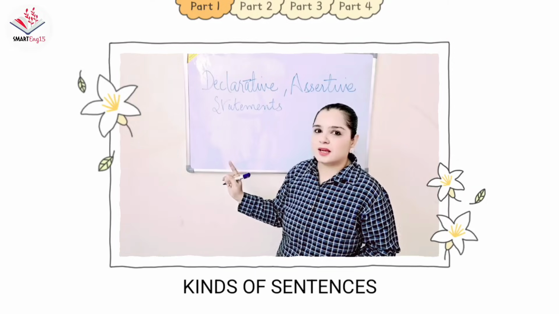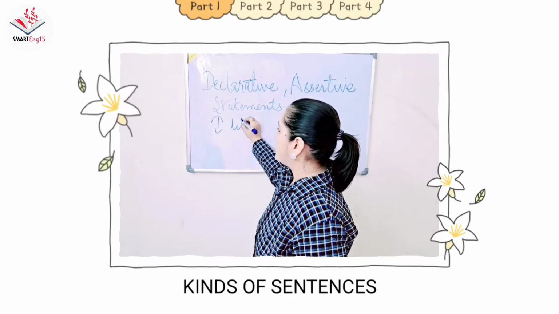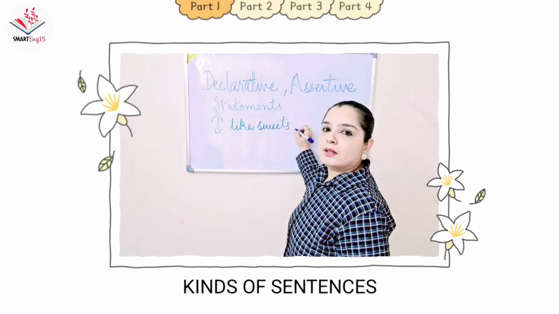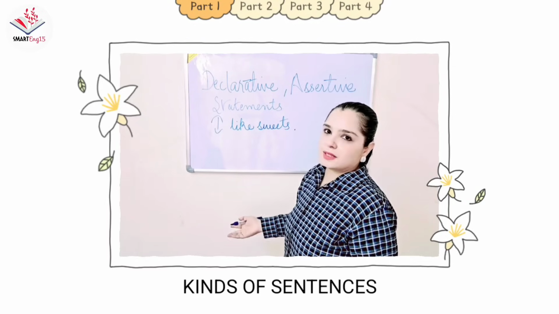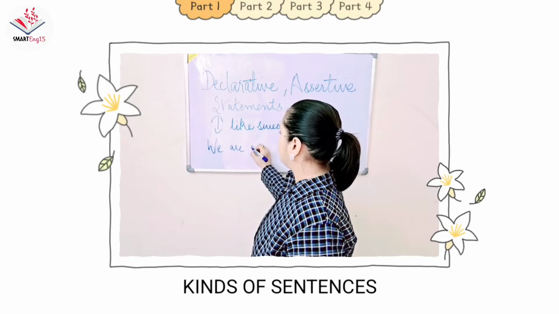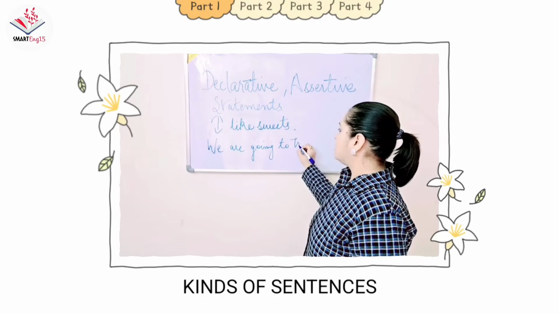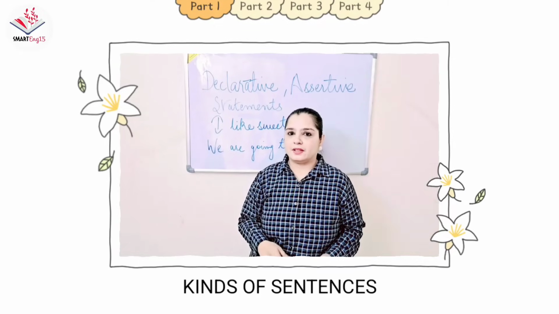Let's take some examples like: I like sweets, and it will always end with a full stop. I like sweets. It's a simple statement sentence. We are going on a trip. This is again a statement, a simple sentence. We call it declarative sentence.